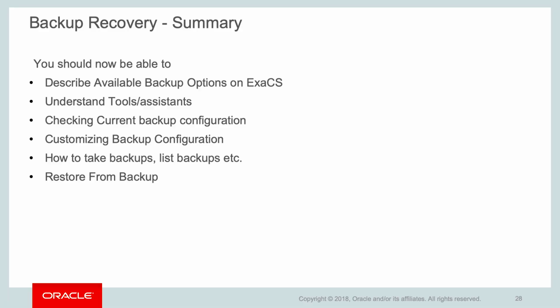Let's summarize the topic. We discussed available options for performing backups on Exadata Cloud Service, including cloud backups on object storage and local backups. We discussed available tools as well, assistants which might help with the backup configurations. We briefly verified backup configurations through API and also learned how you can make specific changes. We also discussed a few important checks in order to troubleshoot the backups.